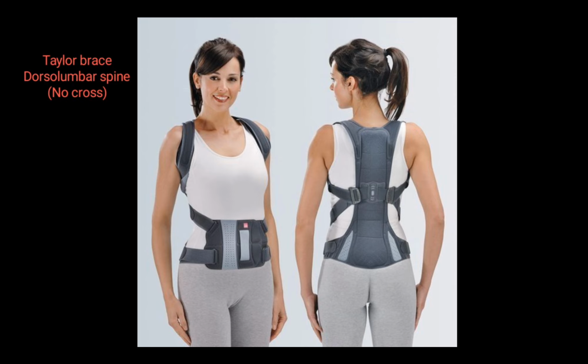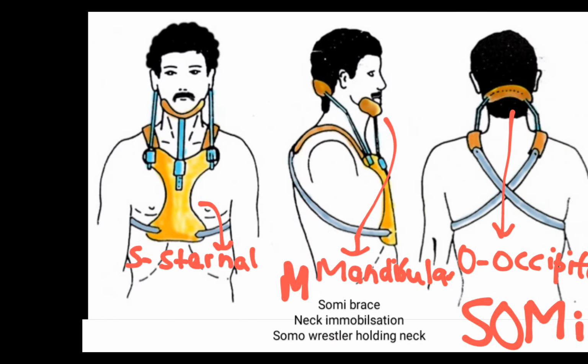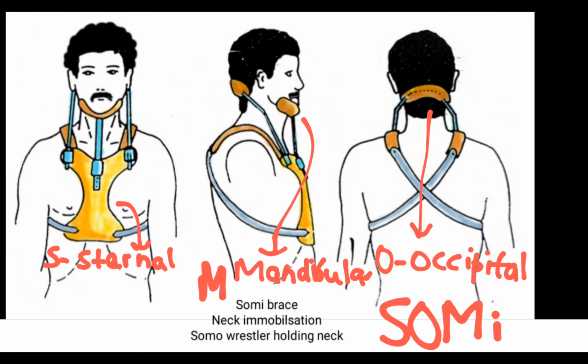Then next we have the Taylor brace. Taylor brace is also for dorsolumbar spine. Taylor is the actress in the English movies in Hollywood. So remember Ashe, Aishwarya and Taylor. Taylor brace is also for dorsolumbar spine, but there is no cross. Then next we have the Somi brace.